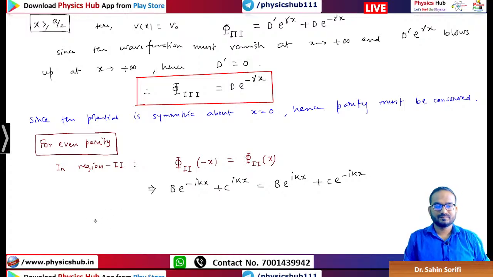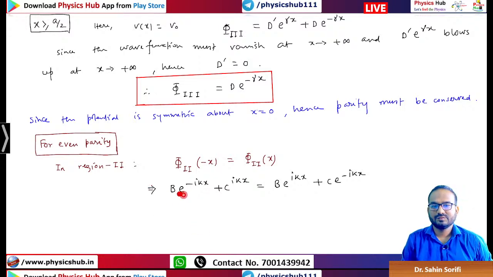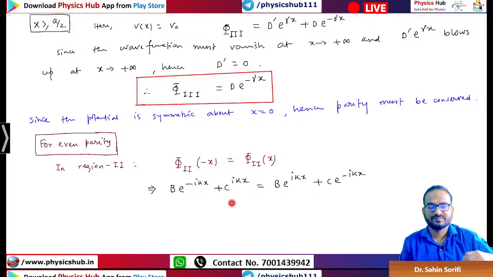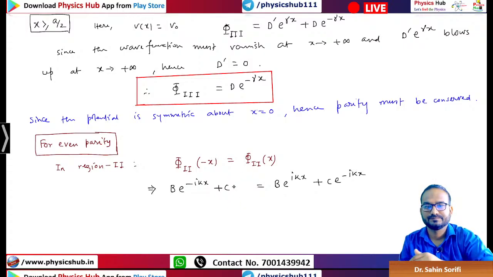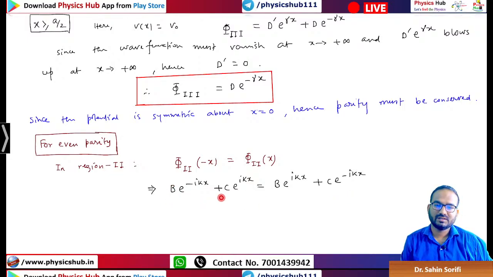Right? Now, under what condition is it possible? Just look at it. B here with e to the power minus ikx, here e to the power minus ikx, but it is C here. e to the power ikx, e to the power ikx, but here it is B, it is C. So under what condition will this equation hold? Obviously when B and C are equal.